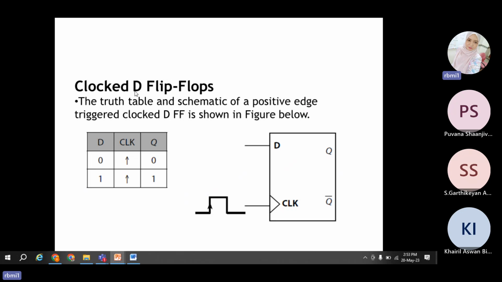It is a type of digital circuit that stores a single bit of data and uses a clock signal to synchronize input and output operations. The data or delay flip-flop is widely used in microprocessors, memory devices, and communication circuits.